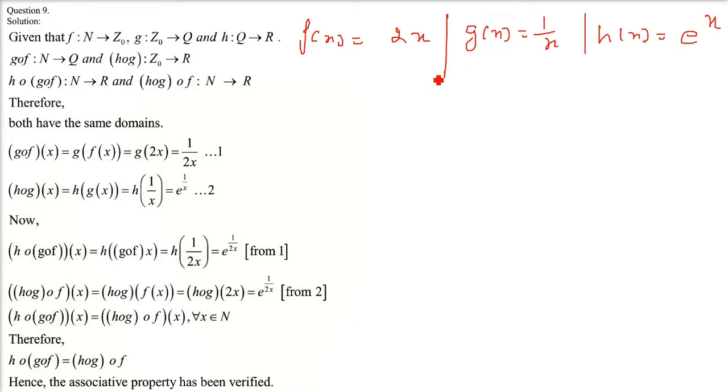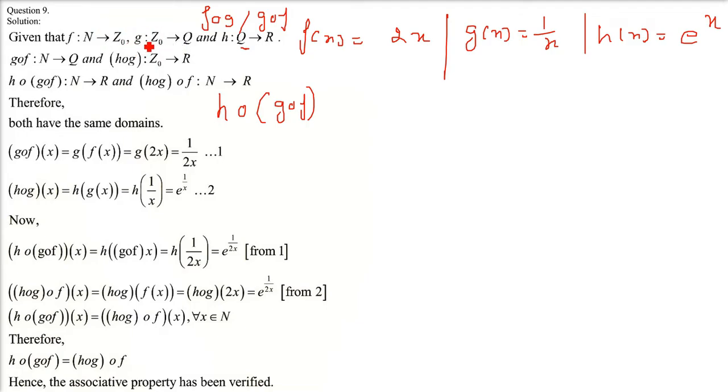What is associativity? When we took 2 functions, fog, gof, and now we have a third function, that will be h o g o f. As I said, a plus b plus c, first we add a plus b, or first we add b plus c. Similarly here, first we'll do the operation of g and f, and then the operation of h.